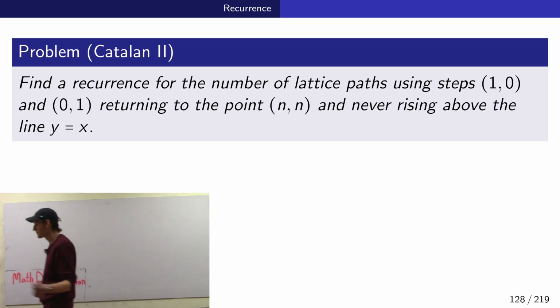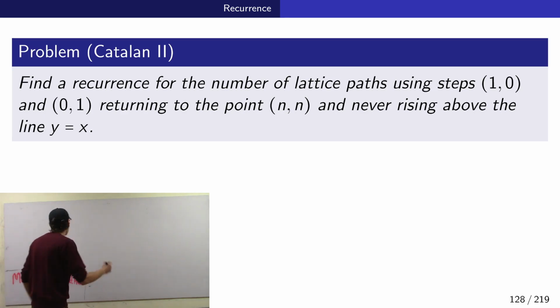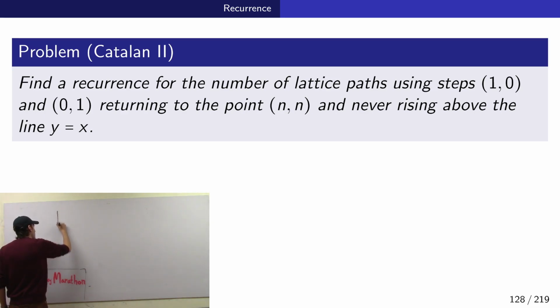So I don't know if anyone's been here for 7 hours or 6 hours, however long it's been. But I defined an integer lattice some time ago. So we're again looking at the integer lattice. We can just think about this as having points in the plane, and this is 1, 2, 3, 4, 1, 2, 3, 4.